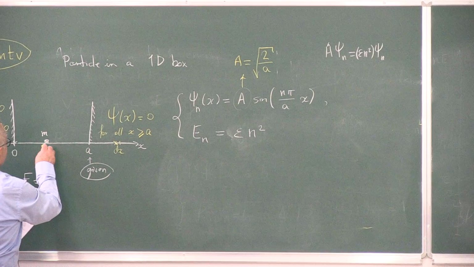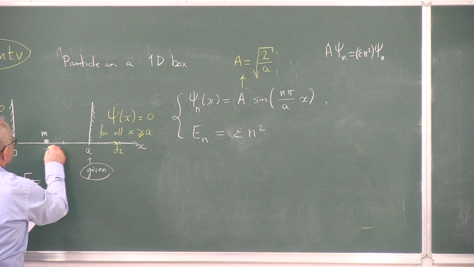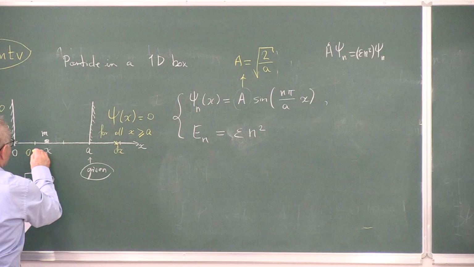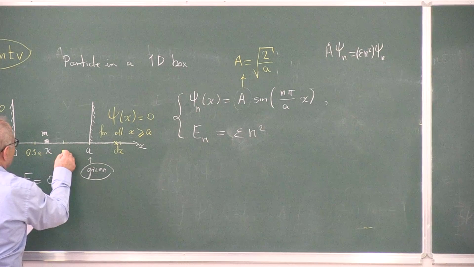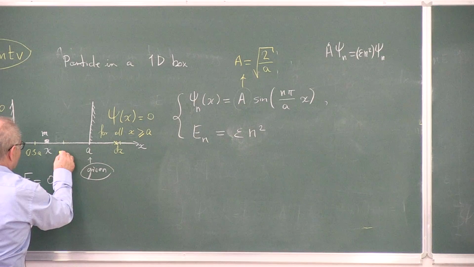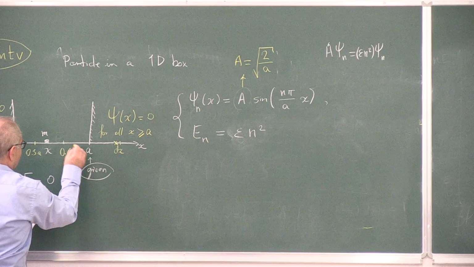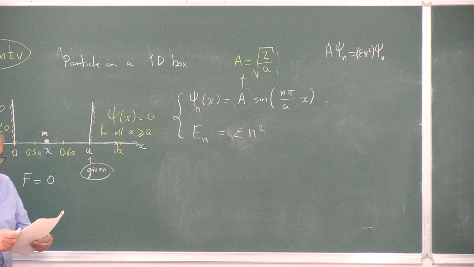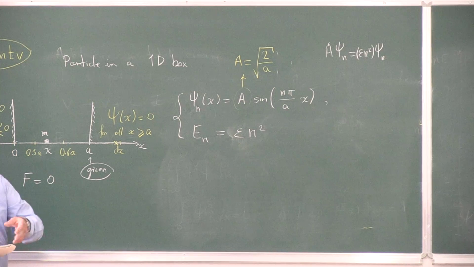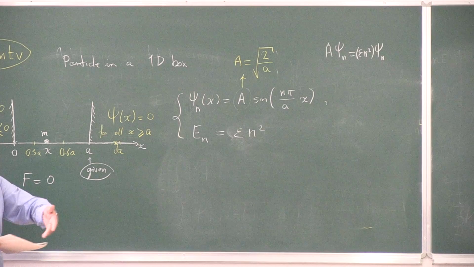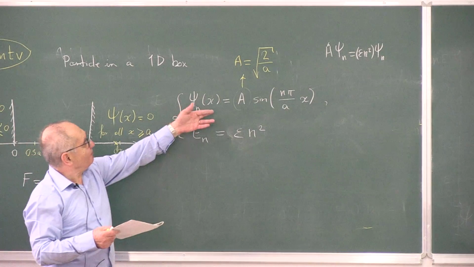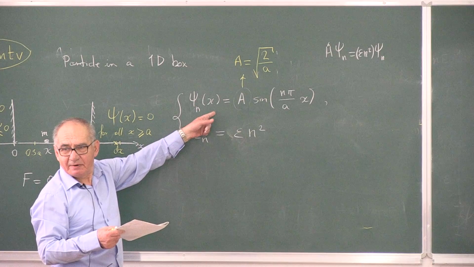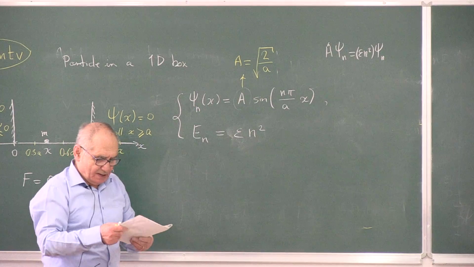So divide this into 3 sections. For the ground state. Now, which one is the ground state function here? If you put n equals 1, that's the ground state.